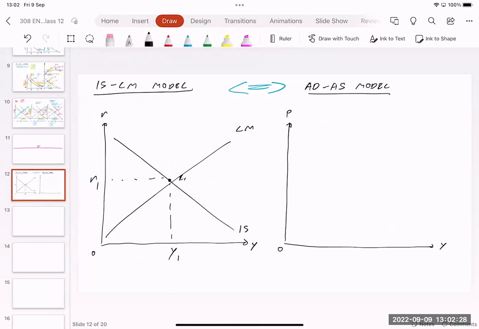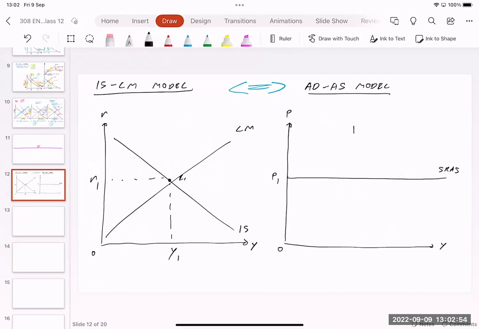We learned in the midterm exam that for aggregate supply we have two types. The first one is the short run aggregate supply, SRAS, which is always a horizontal curve because we assume sticky prices. In the short run, firms don't want to change the price. The price stays the same at P1.